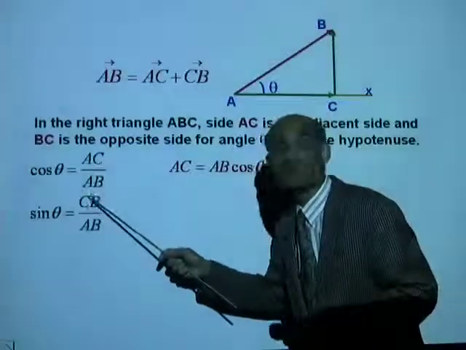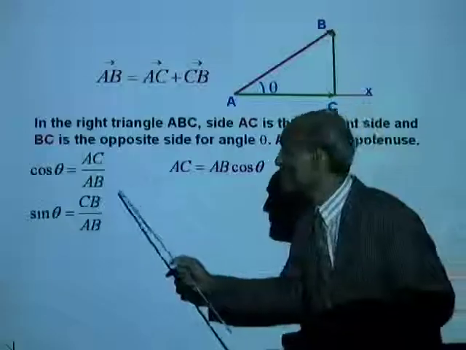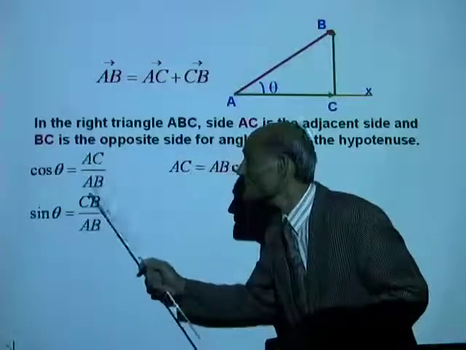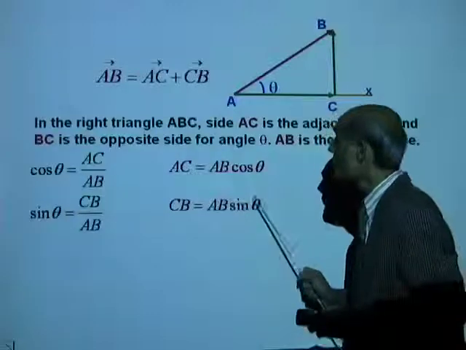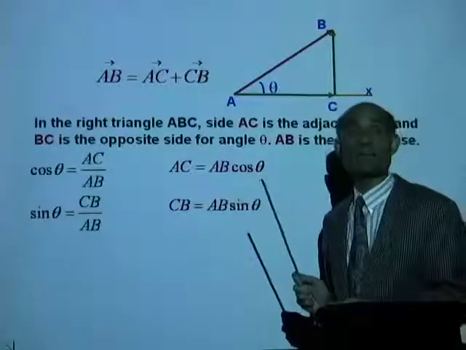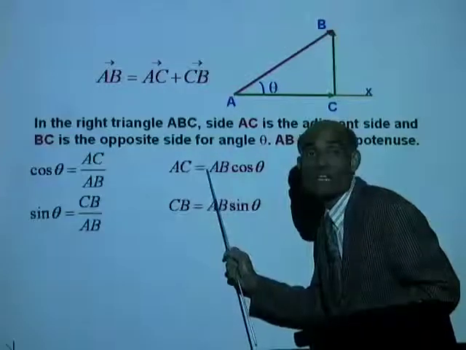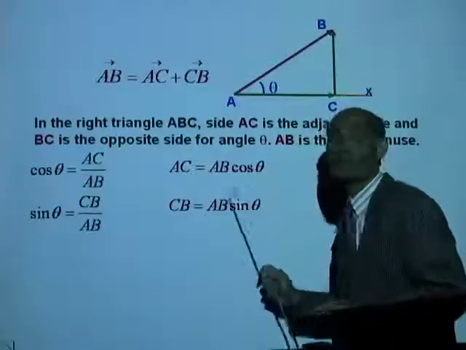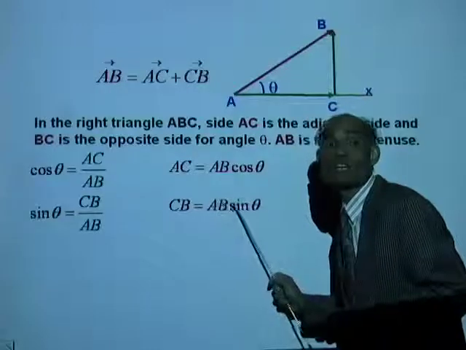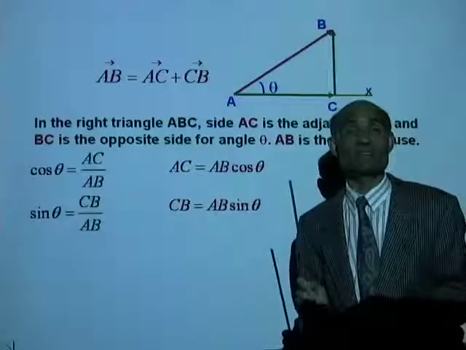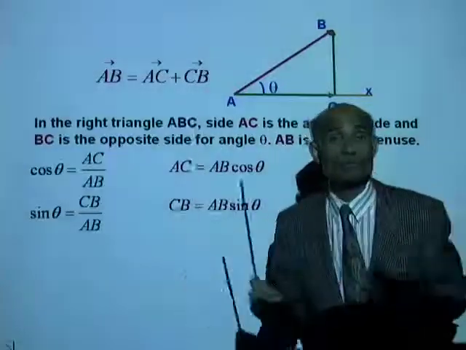Sin theta equals CB divided by AB. Therefore, what is CB equal to? CB equal to AB sin theta. The magnitude of the x component is AB cos theta, and the magnitude of the y component is AB sin theta. Now, this is true for all vectors.